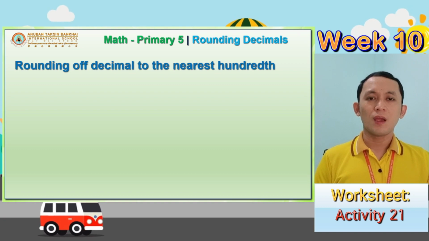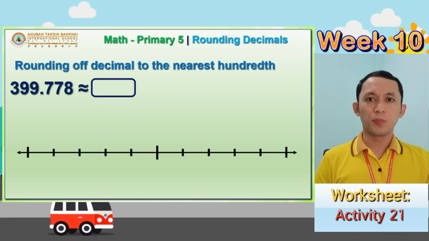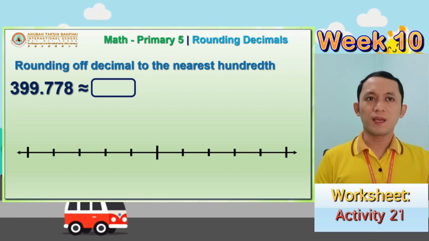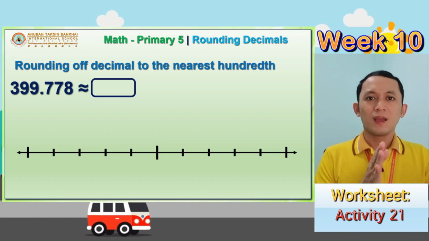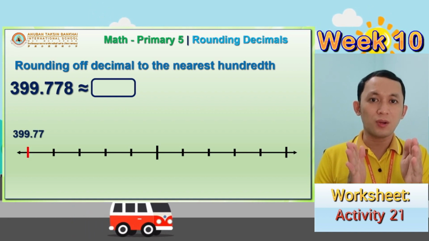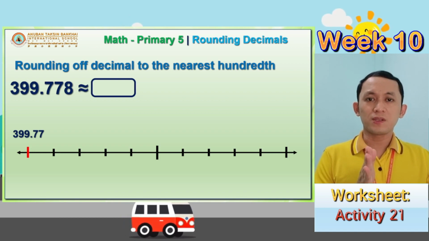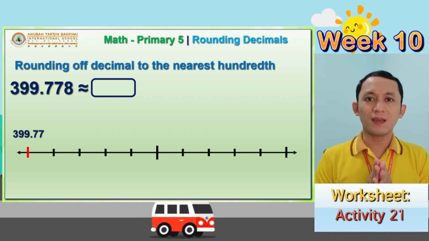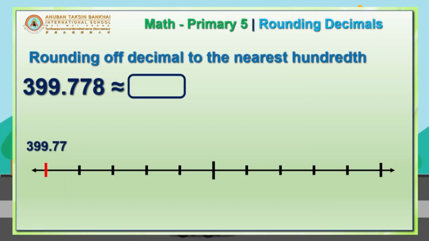We have here 399.778. Again, we get the number to the hundredths place. So our first number will be 399.77. Okay, if we are going to add 1, so that would be 0.01.